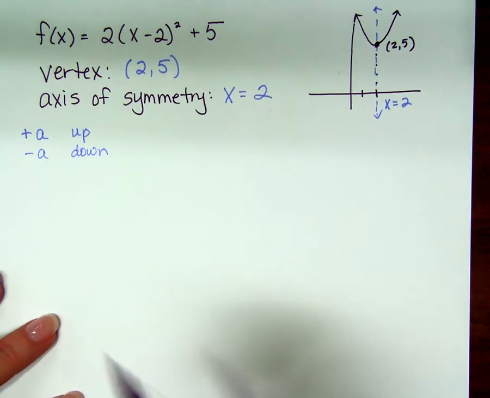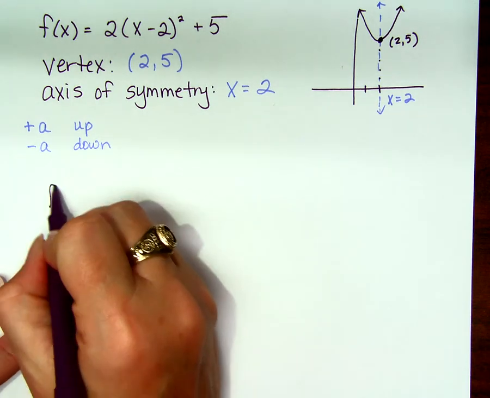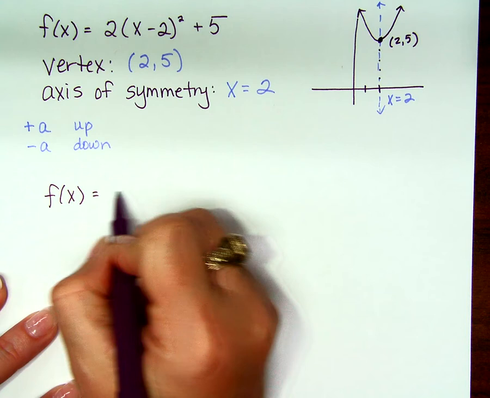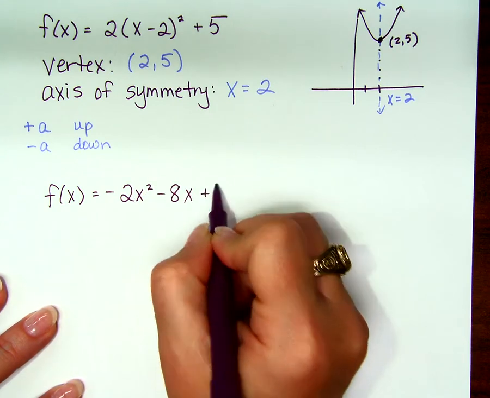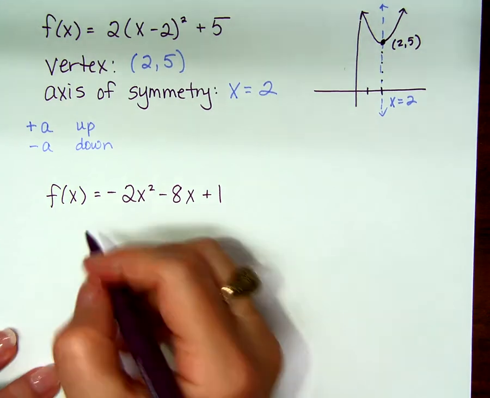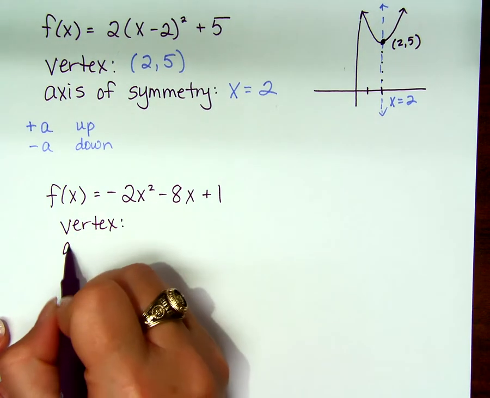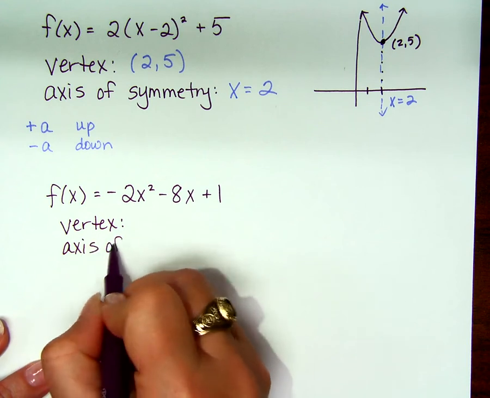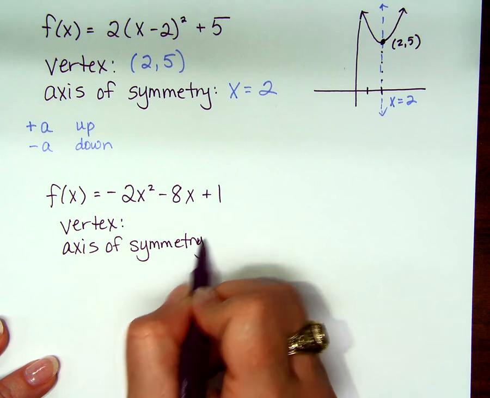In a similar section where the directions are still the same, graph, identify the vertex, and axis of symmetry, there might be problems that look like this. So I want to identify the vertex and axis of symmetry.